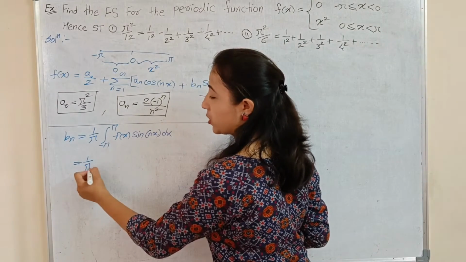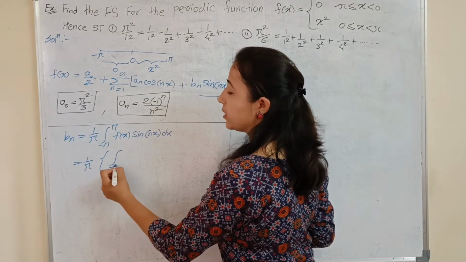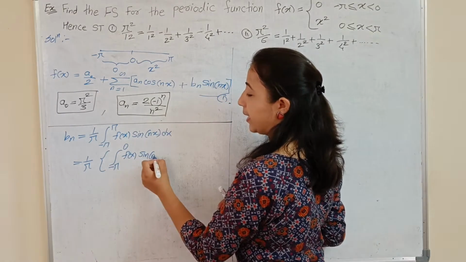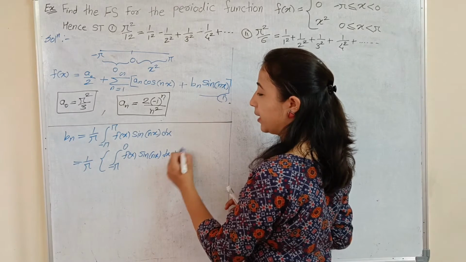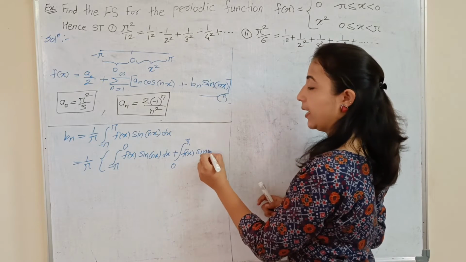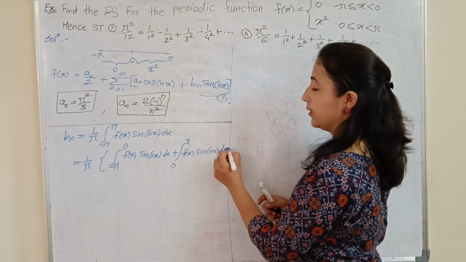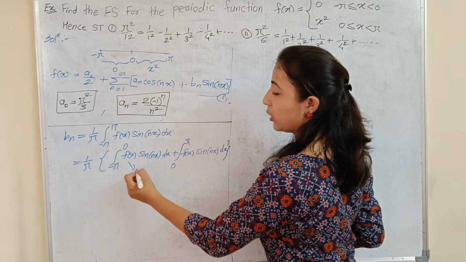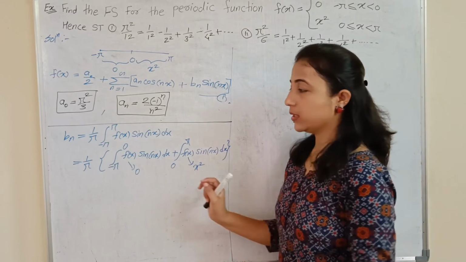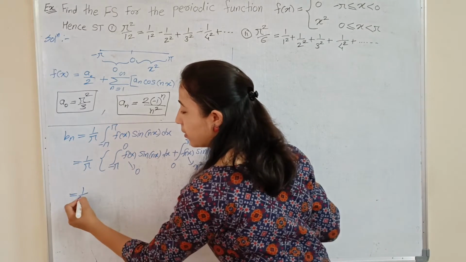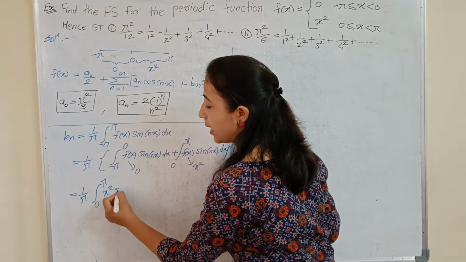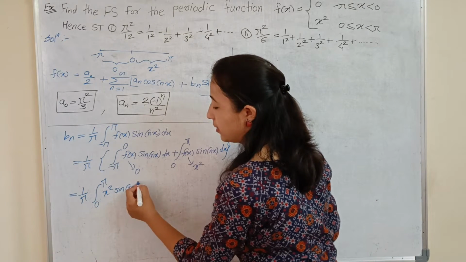So 1 upon pi, constant as it is, integral minus pi to 0 of f of x sine nx dx plus integral 0 to pi of f of x sine nx dx. In the first interval the function is 0 and in the second it is x square. So the first term is completely 0. So I will write here integral 0 to pi, and in this interval it is x square sine nx dx.